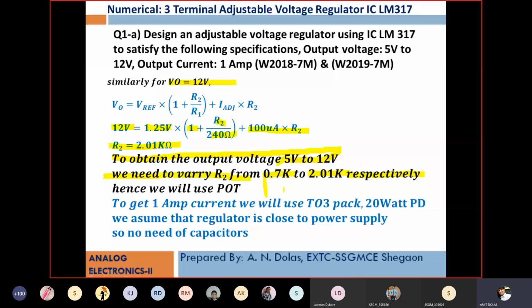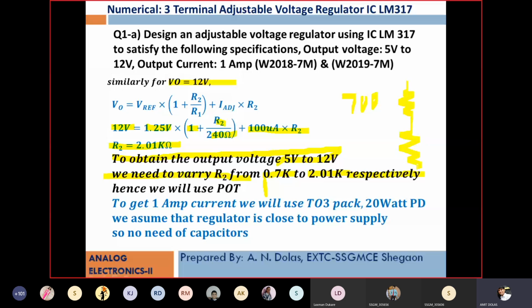So what we can do, instead of R2, we may have one fixed resistance of 700 ohm, and along with that we may have a potentiometer which varies for this range 0.7 to 2K.